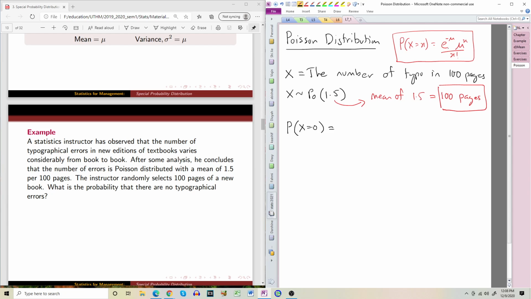So if you follow the formula, e to the power of minus the mean 1.5, times 1.5 to the power 0, over 0 factorial. If you compute this, you should get 0.2231.